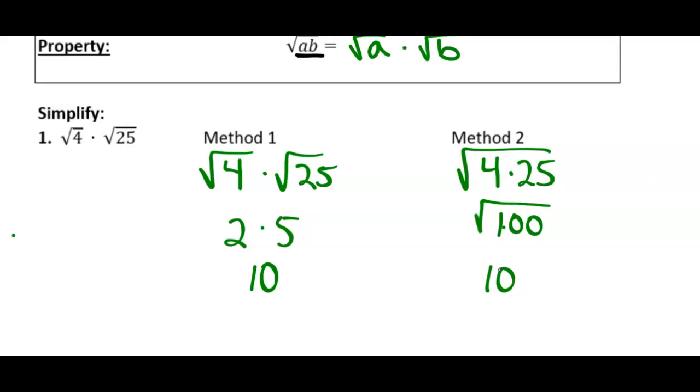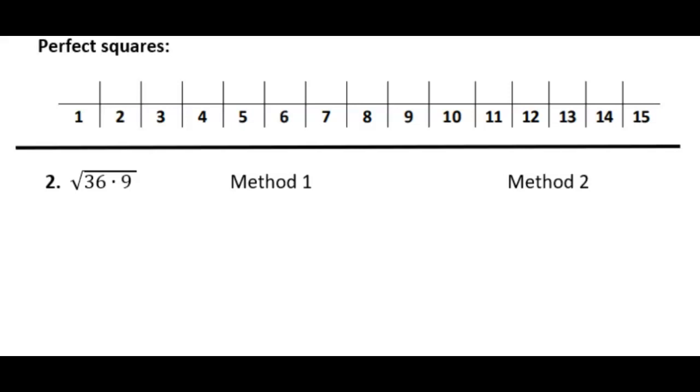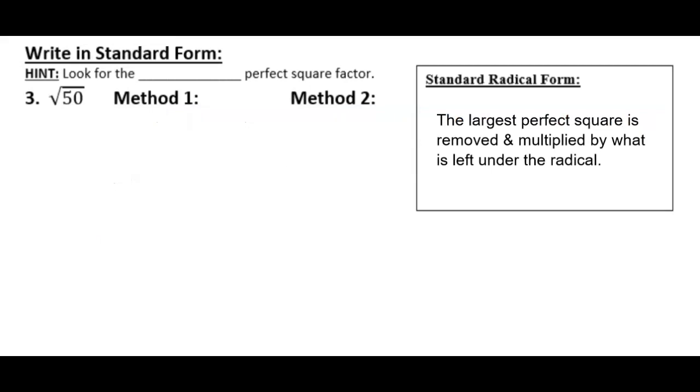So sometimes it's going to be easier to do this method, and sometimes it'll be easier to do this method. Sometimes our number is going to be set up like this already, and then I just follow this method. So you decide which method works best for you, and we'll go from there. We're going to do number 2 in class, so we'll come back to that one.